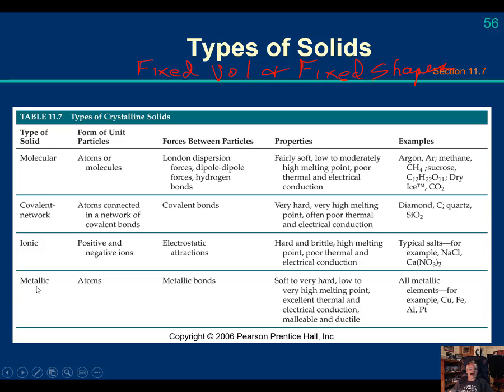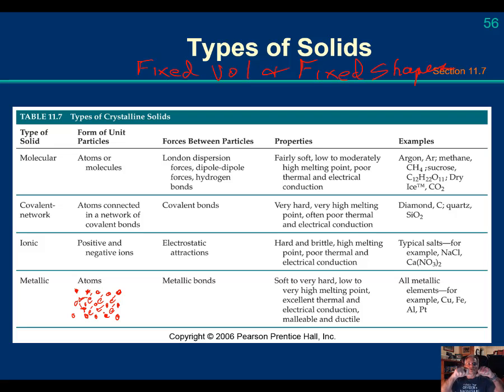And then we have metallic solids, and metallic solids are very interesting. Let's say these are iron atoms. They could be chromium, nickel, and these are good thermal and electrical conductors. And you have what we call the sea of electron model. These are delocalized electrons that can move from one atom to another, which makes them great for creating very strong bonds between the atoms.